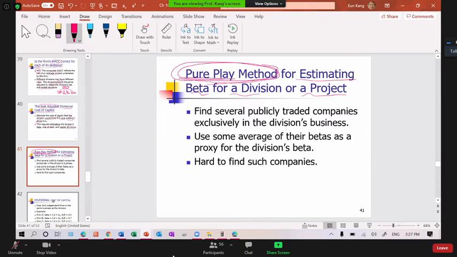How? First, you find several publicly traded companies exclusively in the division's business.